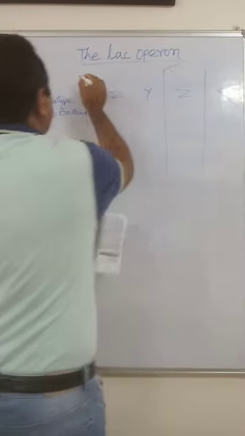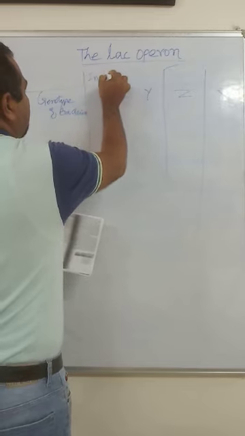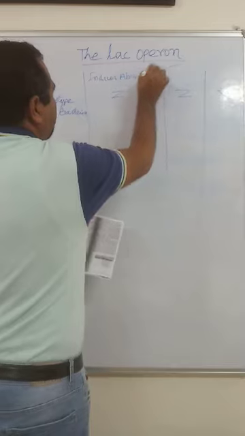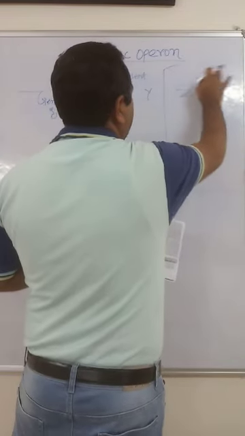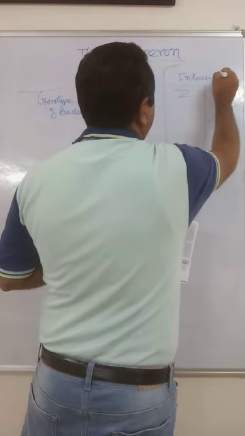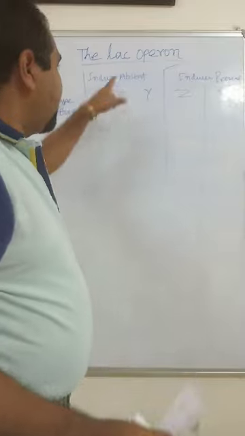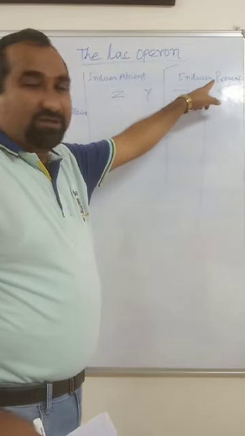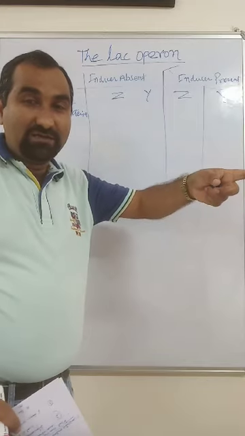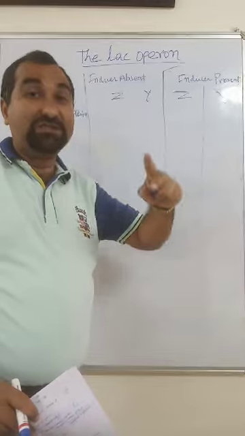And when inducer is absent and when inducer is present, you know that in presence of inducer molecule, the repressor molecule cannot bind to operator, and thus the synthesis of these three genes takes place.